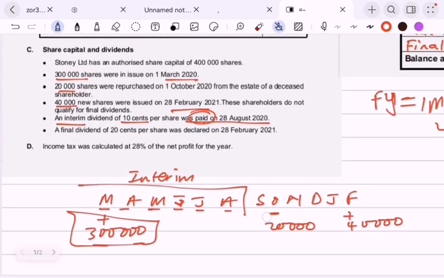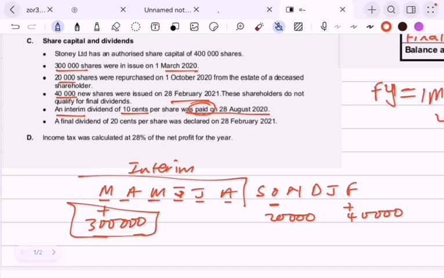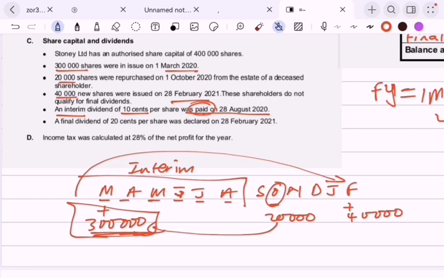And then when it comes to your final dividend, be extra careful here, people. So 300,000 shares will qualify for final dividend. But don't forget, inside your 300,000 shares, 20,000 shares were already included. Since they were repurchased in October, these shares are not liable to qualify for the final dividend in February. And the other 40,000 shares, since they were issued on the last day of the financial year, also cannot qualify for final dividend.